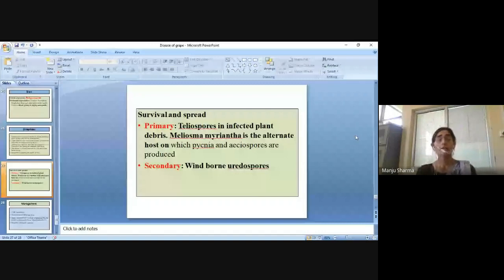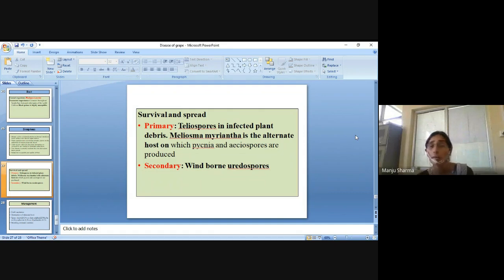Then survival and spread of the pathogen. For primary survival in this disease, there is basically the formation of teliospores in infected plant debris.